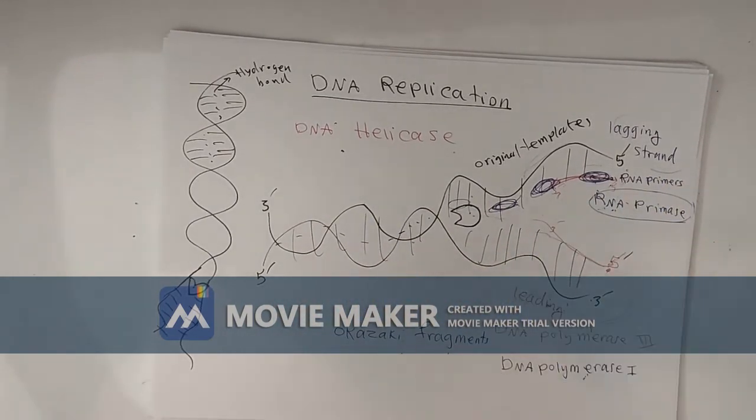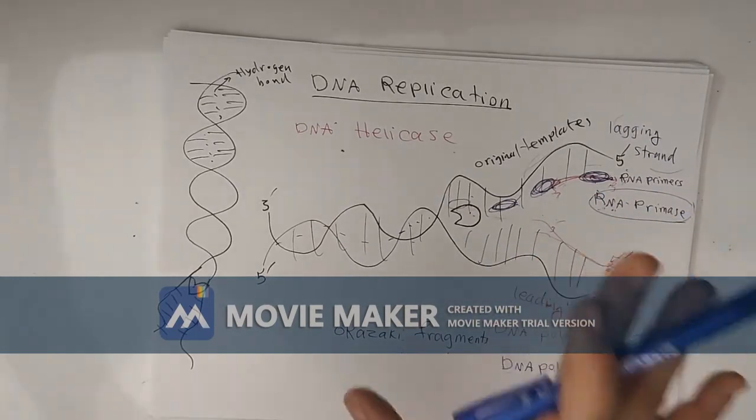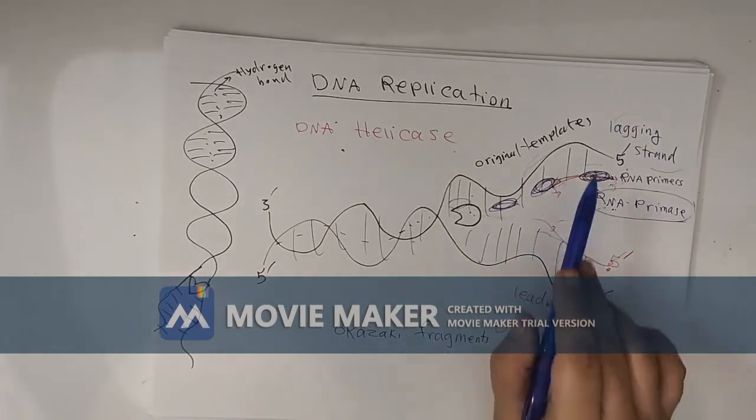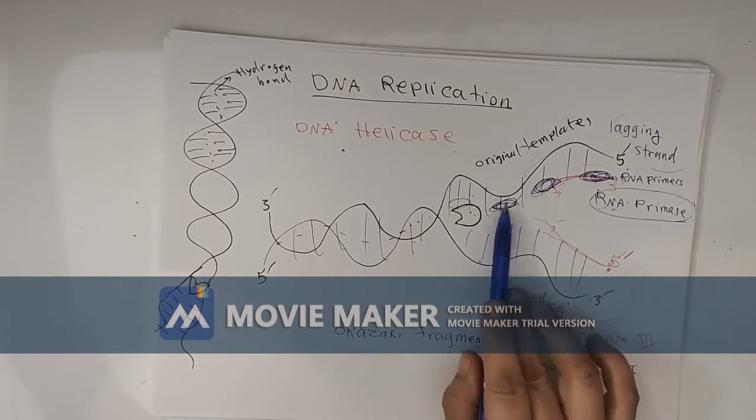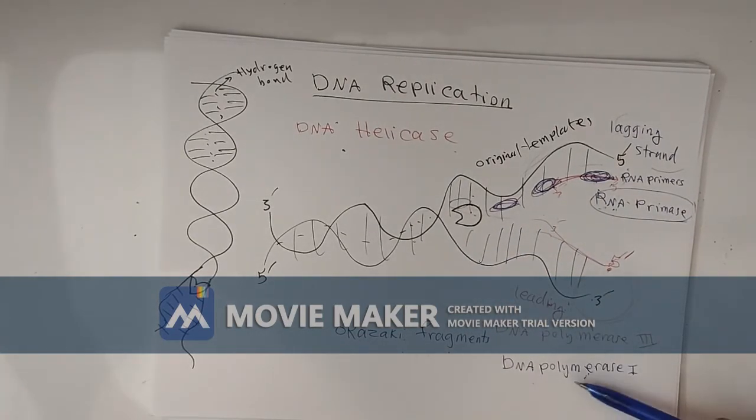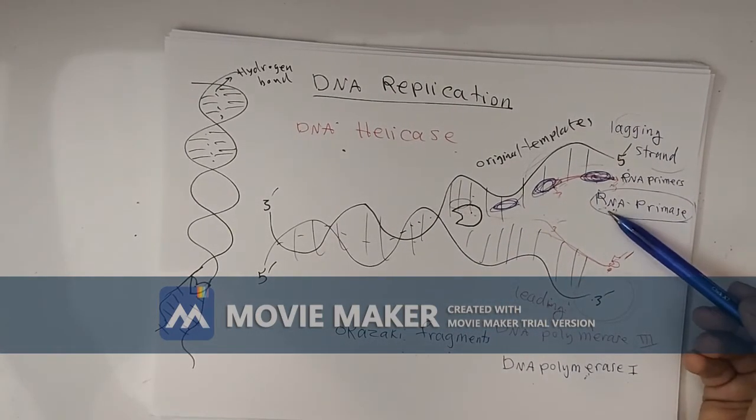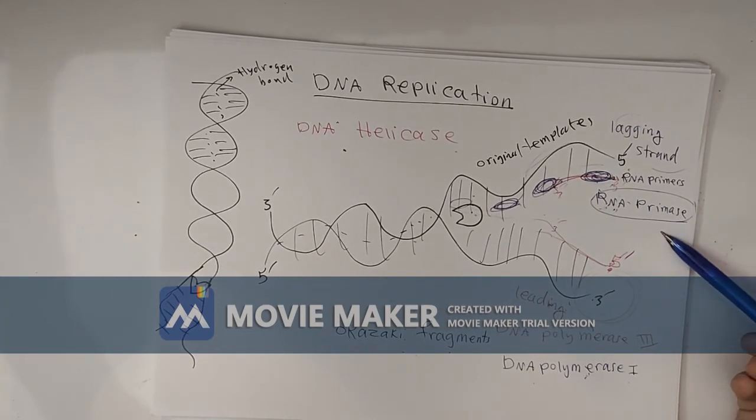What is left are only Okazaki fragments after DNA polymerase 1 comes and removes all the RNA primers.